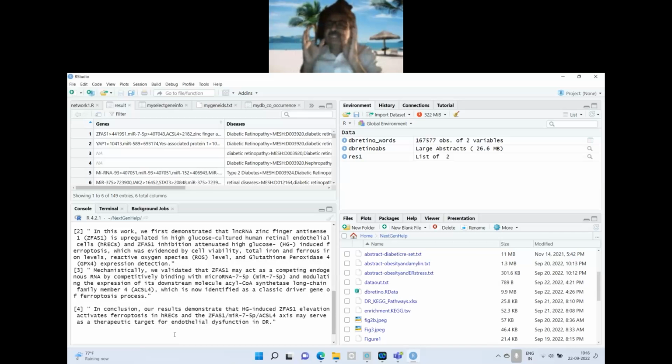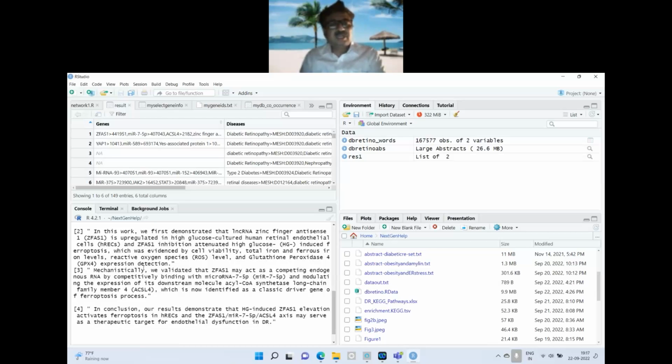So there is some change in the regulation of this gene that is happening, and that is connected to diabetic retinopathy.